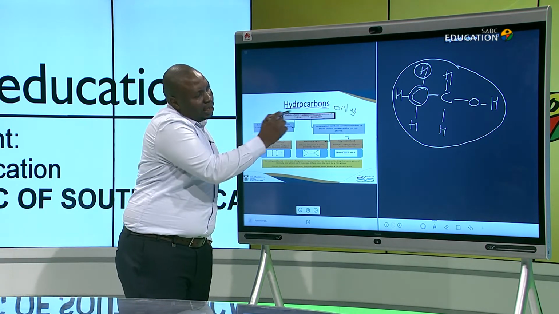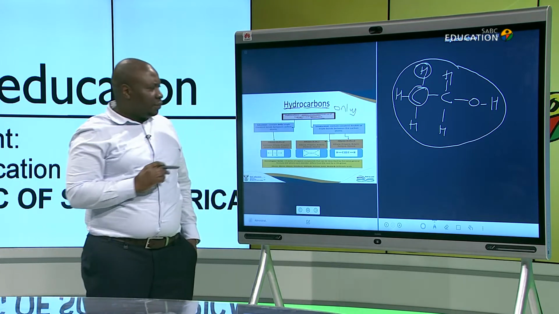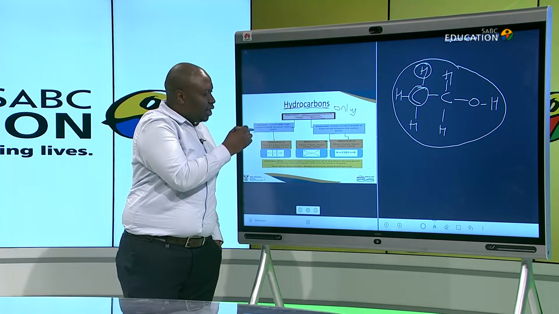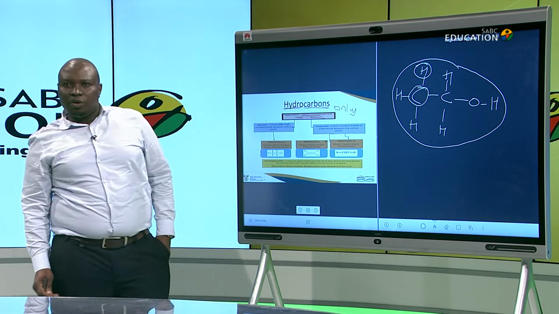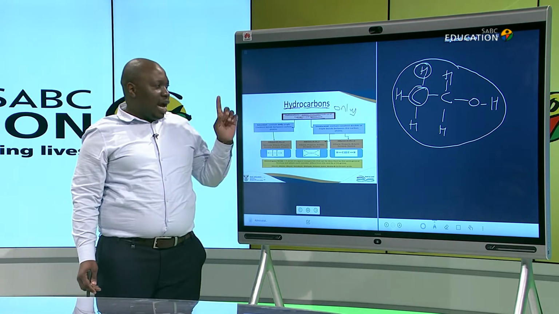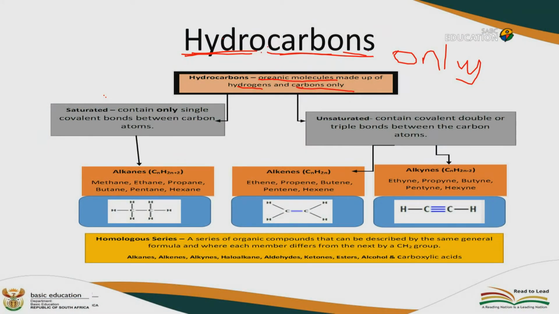Now, we have 2 types of hydrocarbons: saturated hydrocarbons and unsaturated hydrocarbons. The saturated, as the name starts with S, indicates that saturated hydrocarbons contain only single covalent bonds between carbon atoms.